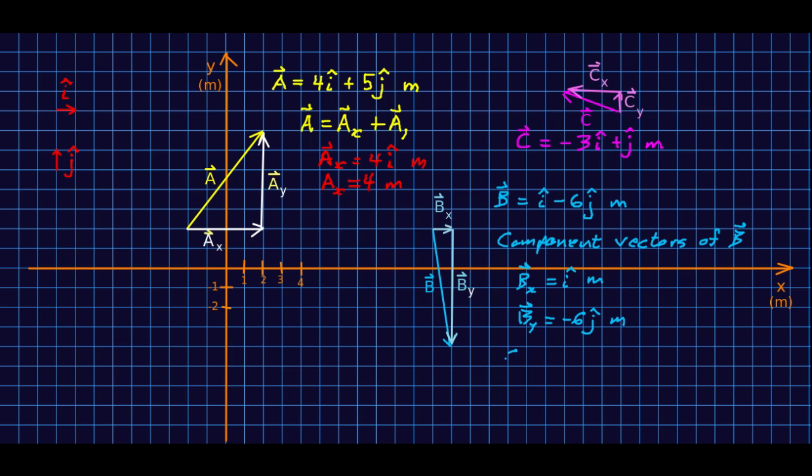But I could also say that just the components of B are what I would call bx with no vector symbol, which is just 1 meter, and by, again, no vector symbol, which is -6 meters.